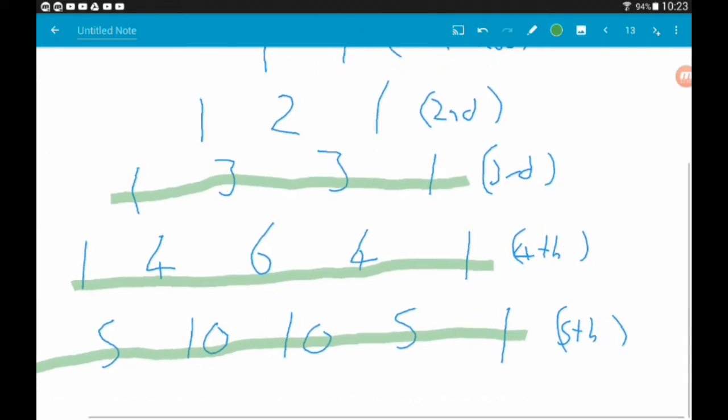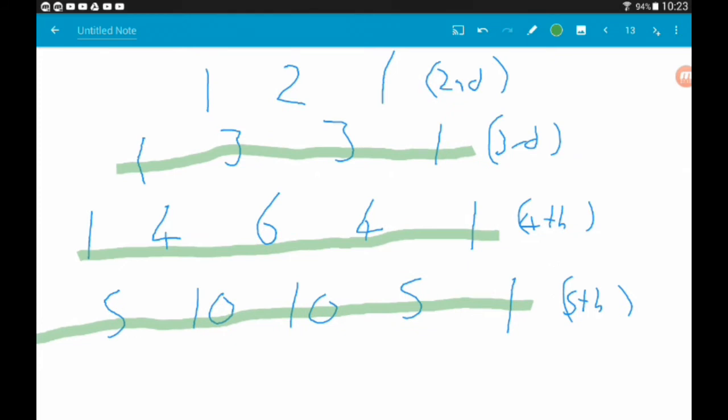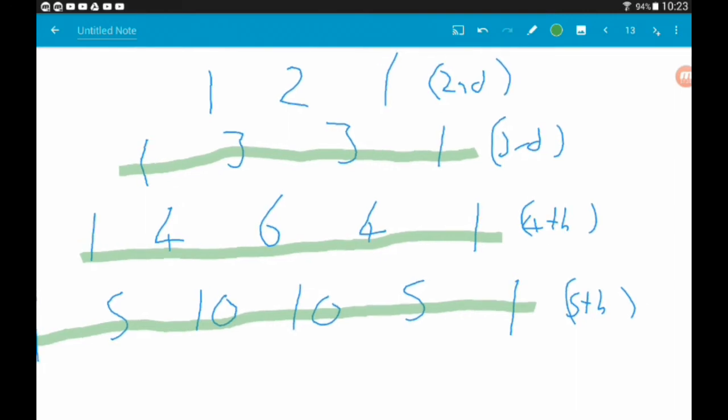With the power of 4, we get 1, 4, 6, 4, 1. Now when we have odd powers, we don't get a middle value, we get 2 of the same values in the middle. So to the power of 3, 1, 3, 3, 1. With to the power of 5, 1, 5, 10, 10, 5, 1. So that's another thing to look out for.